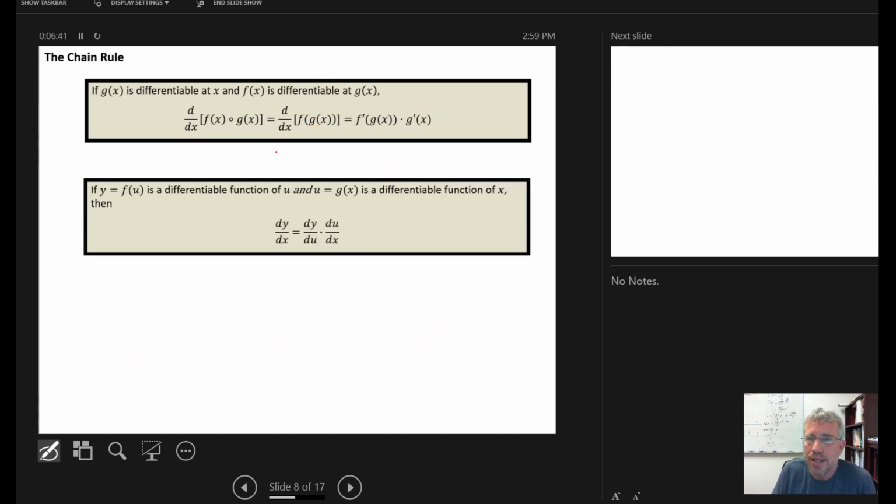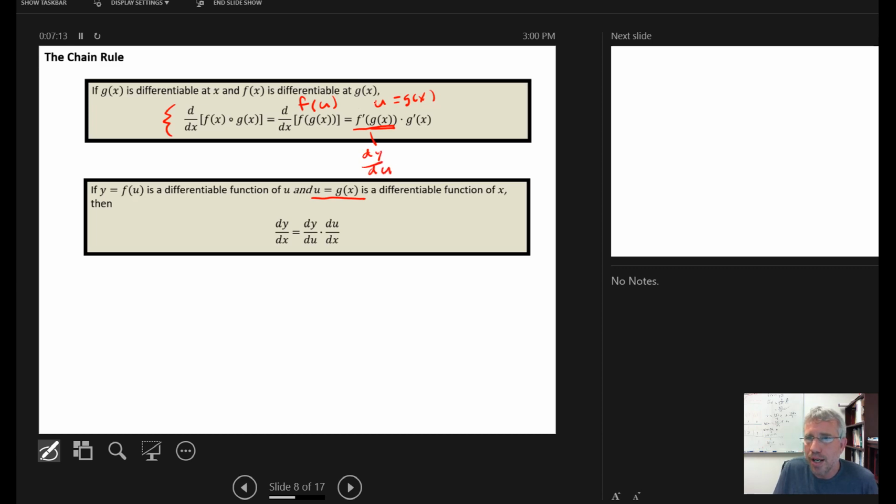And there's a couple ways that this can show up. So on the previous slide, the chain rule looked like this. If we let u equal g of x, then right here we get f of u, and so f prime at g of x, because g of x is u, that becomes just dy du.